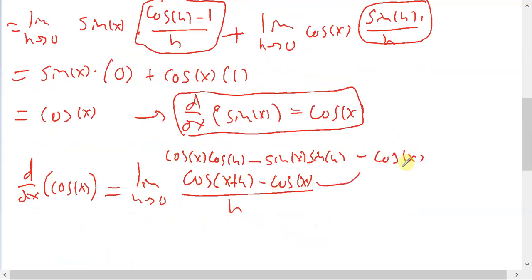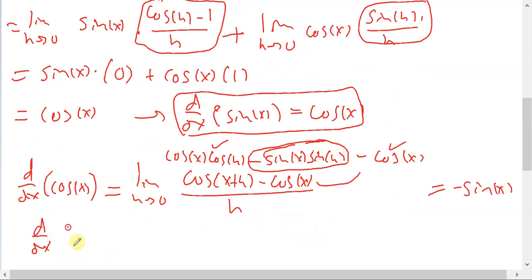This will be the numerator. But in a similar way, this one and this one have a cosine x in it that I can factor out, giving me a cosine h minus 1 again. So that term is going to disappear. It's this term that's going to lead to my derivative. And notice this time I've got a sine x, sine h, and the sine h over h will go to 1, and I'll end up with minus sine x. So it turns out the derivative of cosine is minus sine.